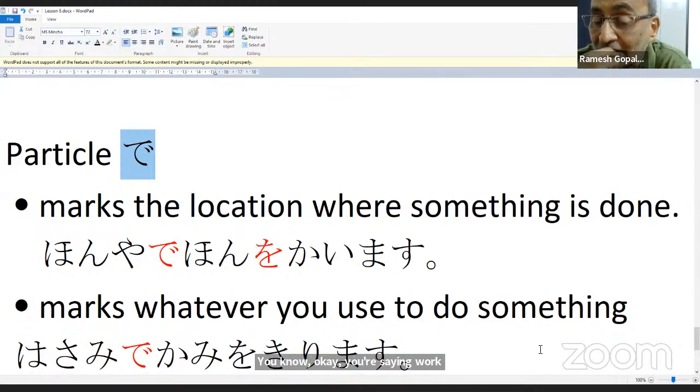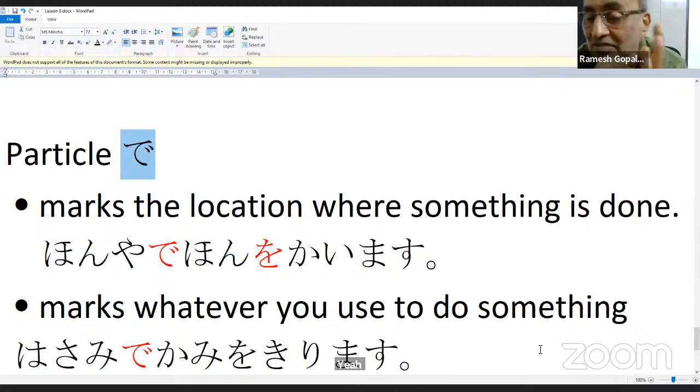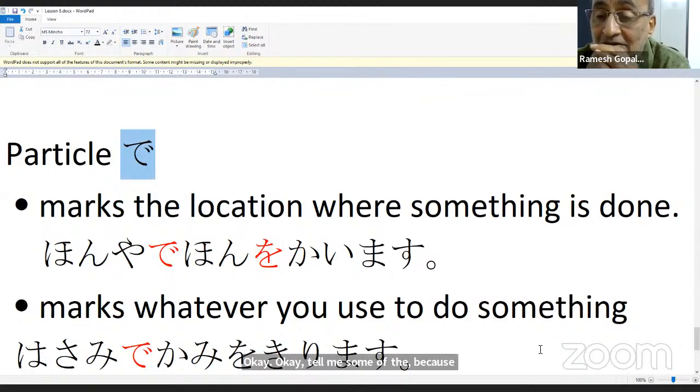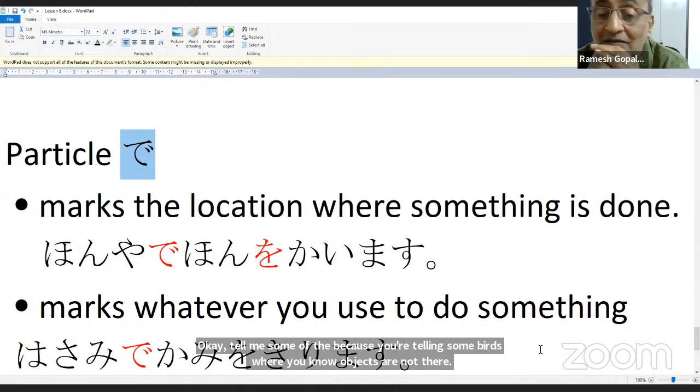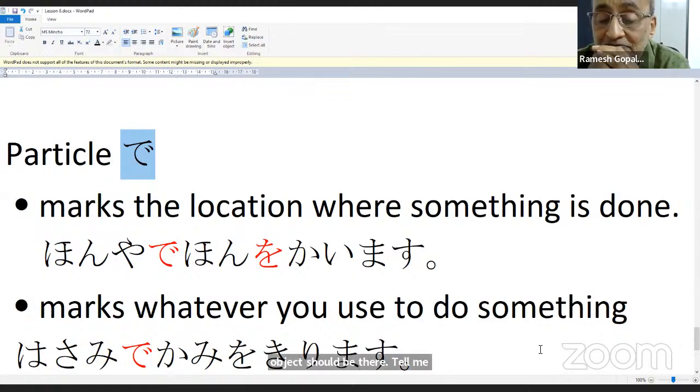Okay. Tell me some other verb, because you're telling some verbs where objects are not there. Some object should be there. Read a book. Okay. To buy vegetables. Whatever you buy, I buy what? Vegetables.